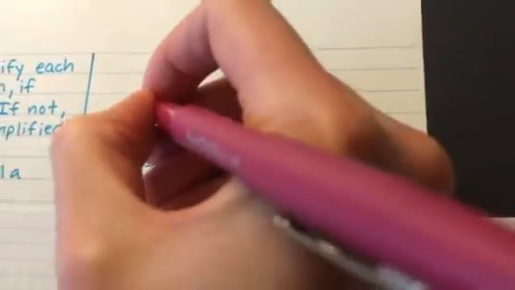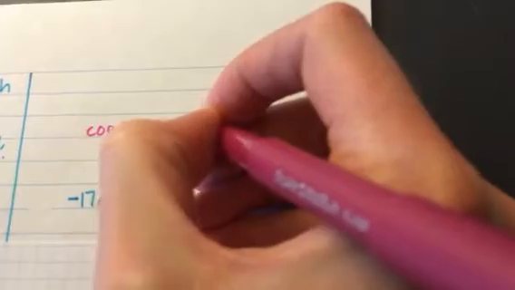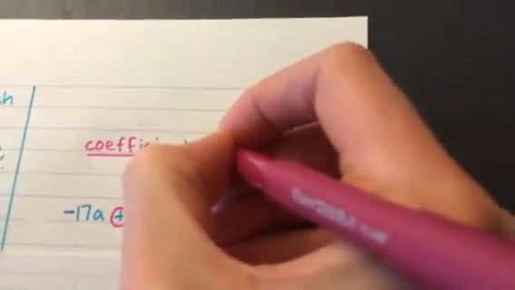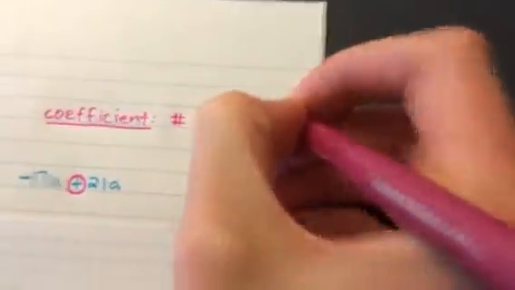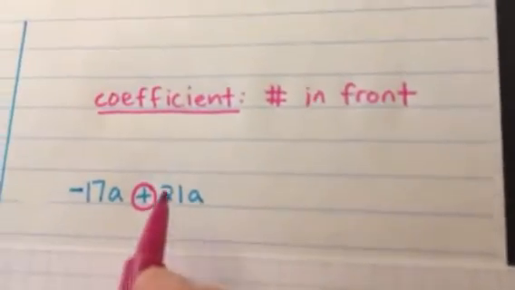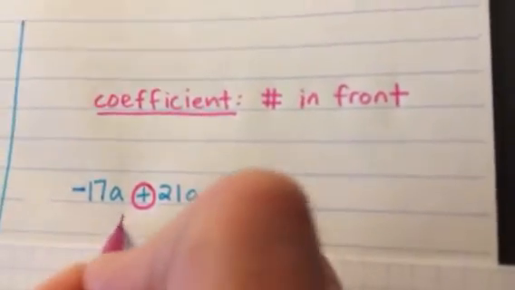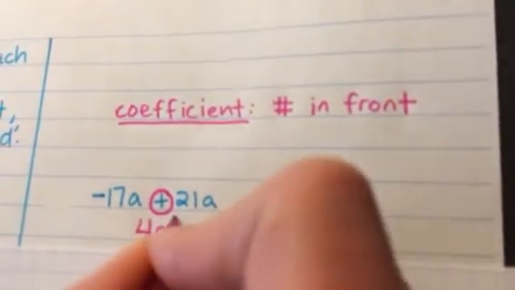Those are called coefficients. Coefficient, the number in front. Back to this. -17 plus 21 comes out to 4, and the variable just stays the same, so 4a.